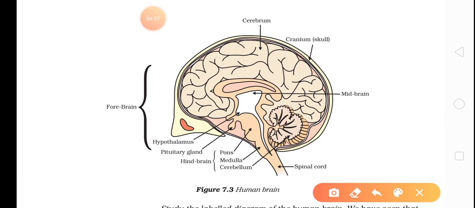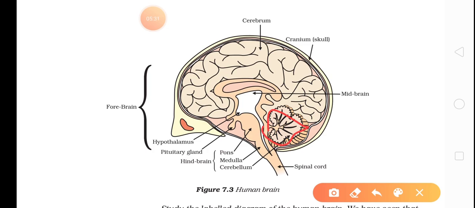The function of your hindbrain is to balance your body, and it is done with the help of the cerebellum. The cerebellum is a leaf-like structure, present at the base of our head, and this helps in keeping our body straight and balancing our body.